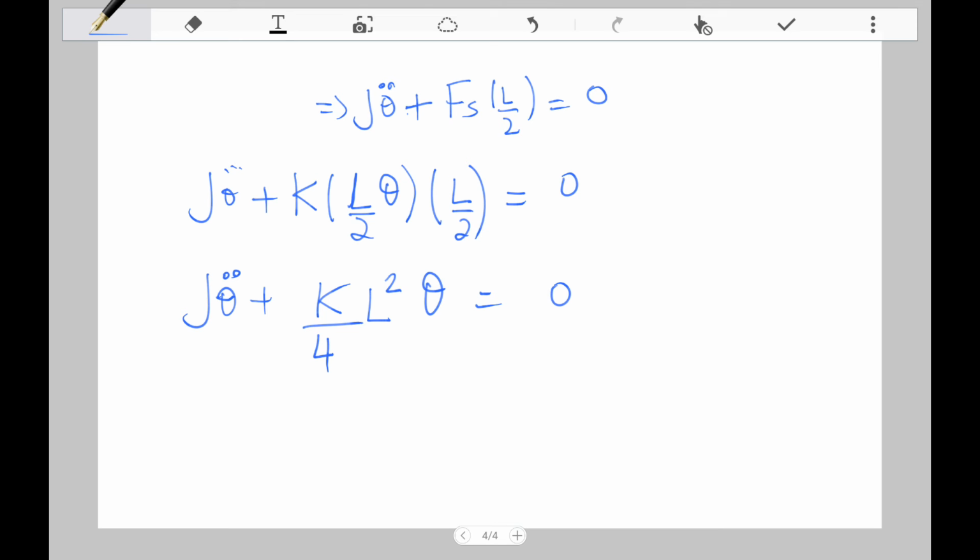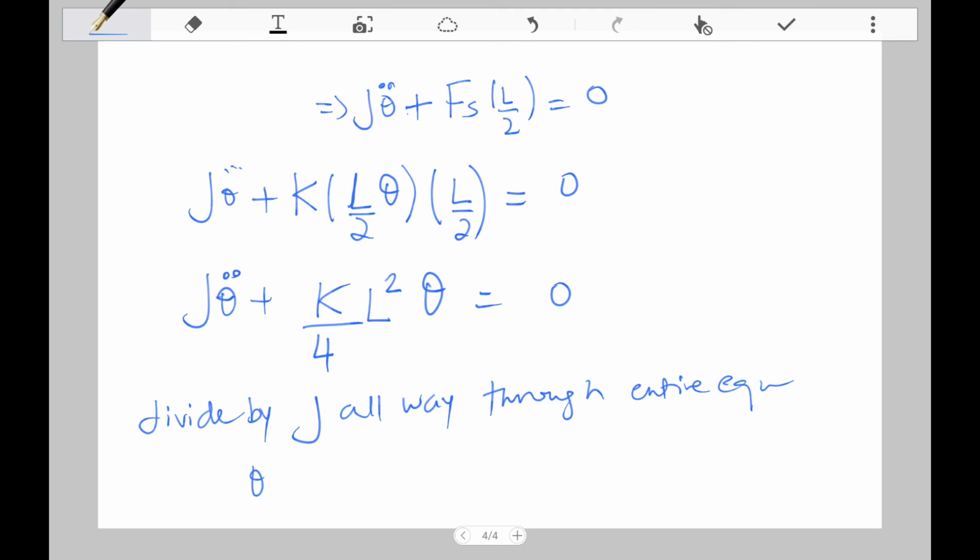So what we're going to do is divide through this entire equation by J. What we get is theta double dot plus K over 4 L squared theta over J, sorry, theta equals 0. That's what we're looking for.